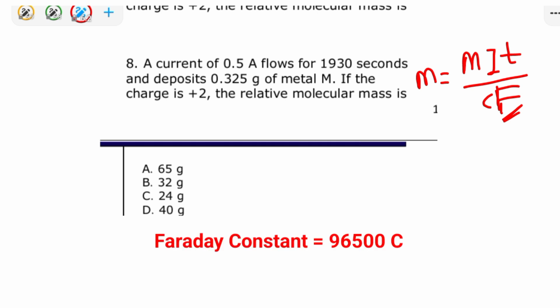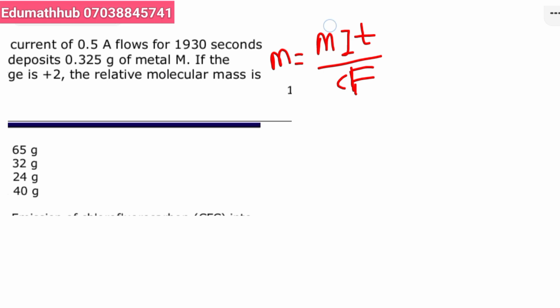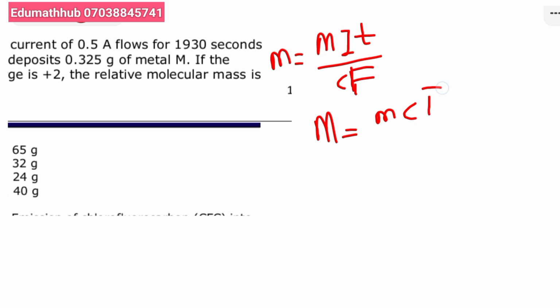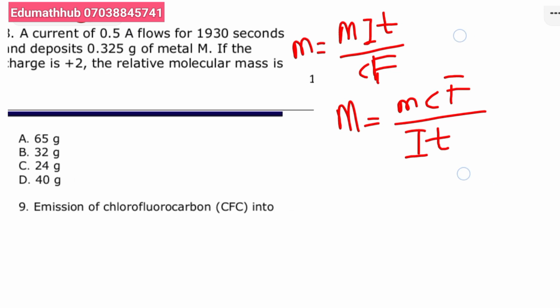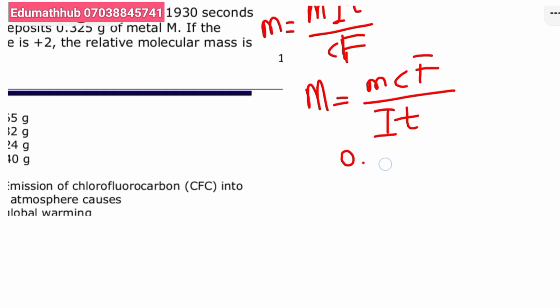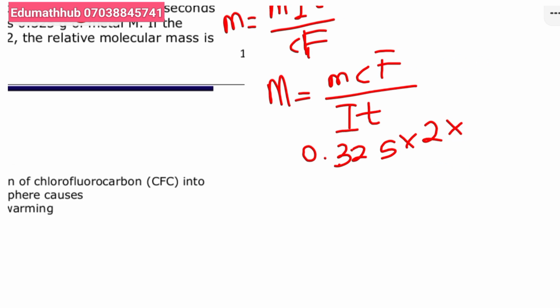So plug everything there. Make capital M the subject, so that will give you capital M is equal to small m times CF divided by It. Our small m is 0.325 times our charge, which is 2, times the Faraday constant, that's 96,500.